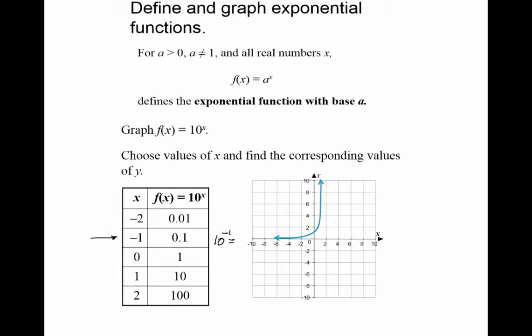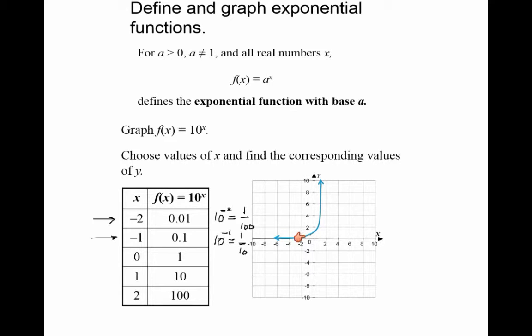You get numbers that are less than 1. Let's see, if x equals -2, that would be 10 to the power of -2, which is equal to 1 over 10 squared, or 1 over 100. See, the number gets closer and closer to 0.